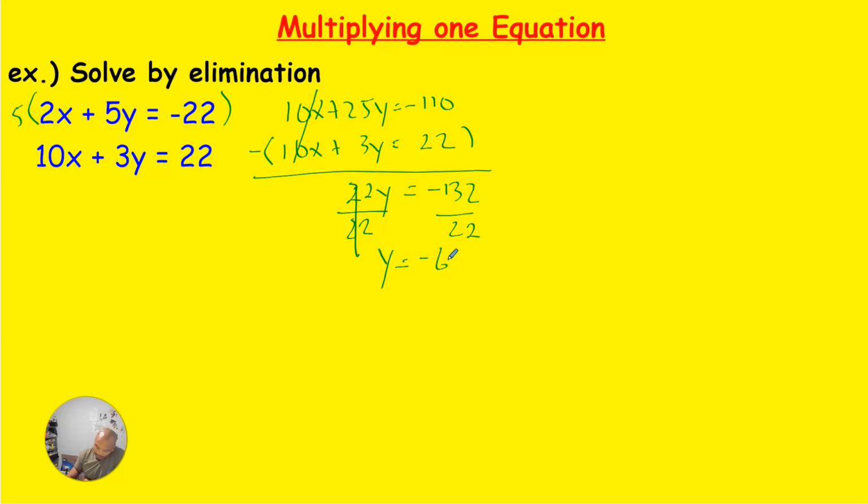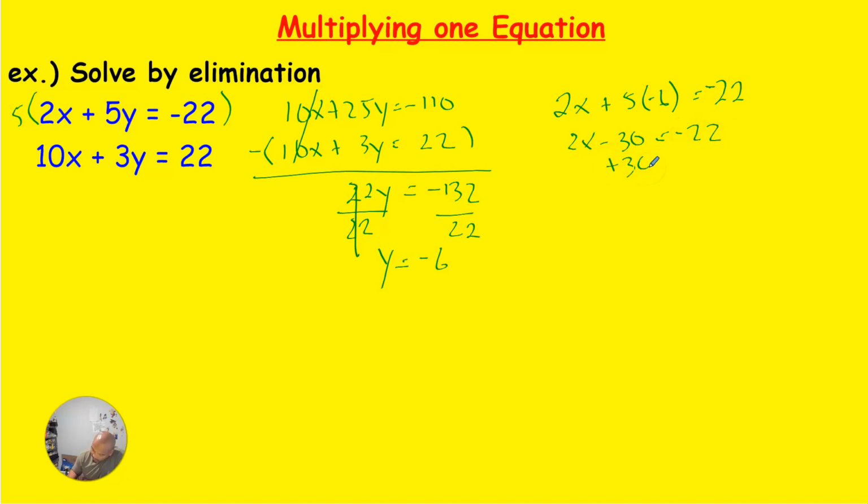All right. And now that we have y, we're going to come back to one of these original equations and we're going to substitute y in. I'm going to go with the first one. So we wind up with 2x plus 5 times negative 6 equals negative 22. All right, and then from here we wind up with 2x minus 30 is equal to negative 22.